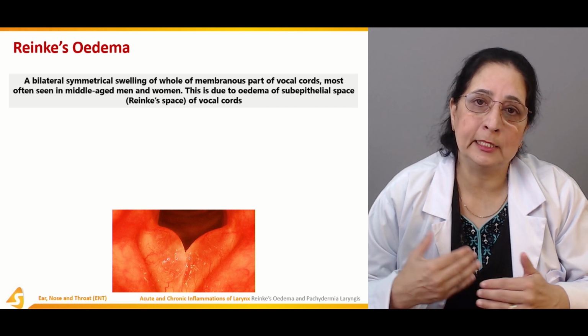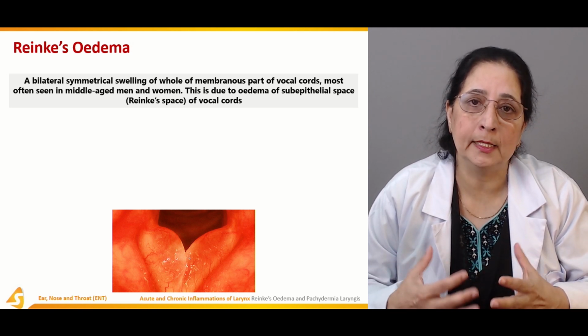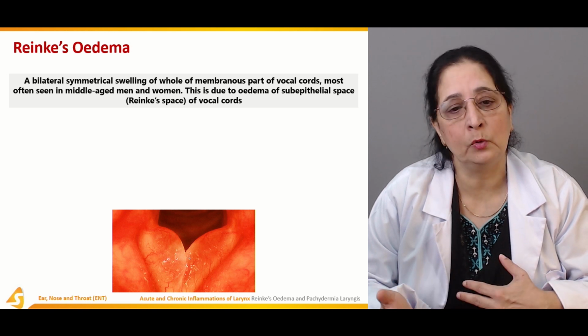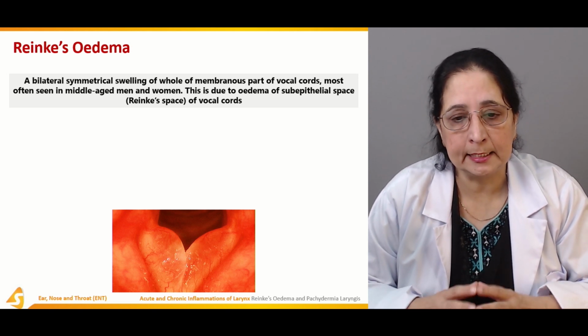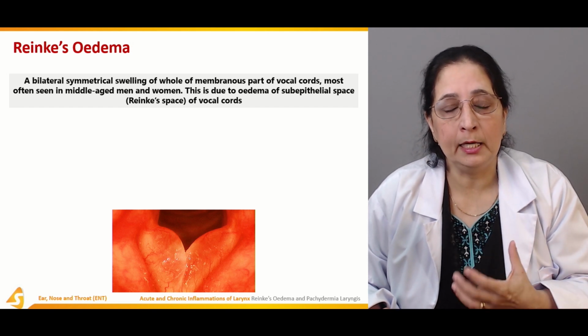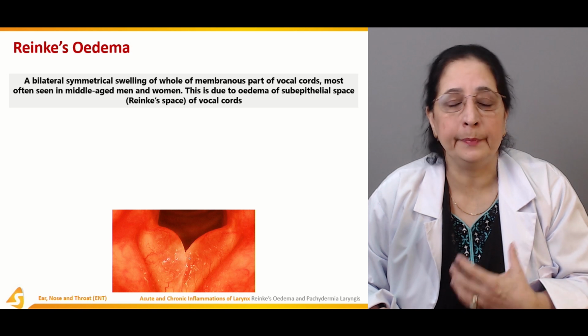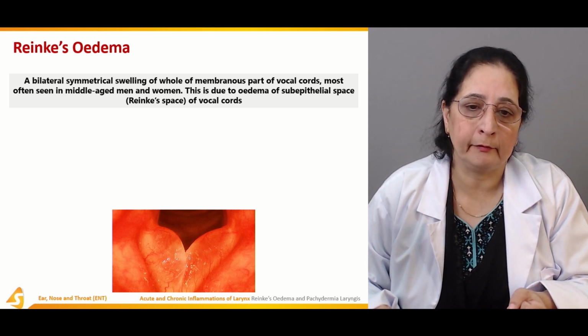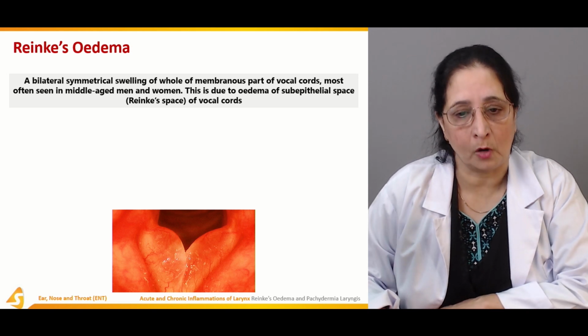So that's why the swelling or edema in this space is known as Reinke's edema. So it's a symmetrical swelling of the subepithelial space known as the Reinke space of the vocal cords.